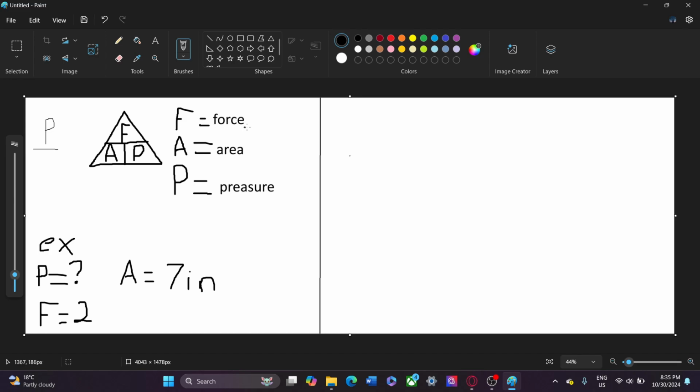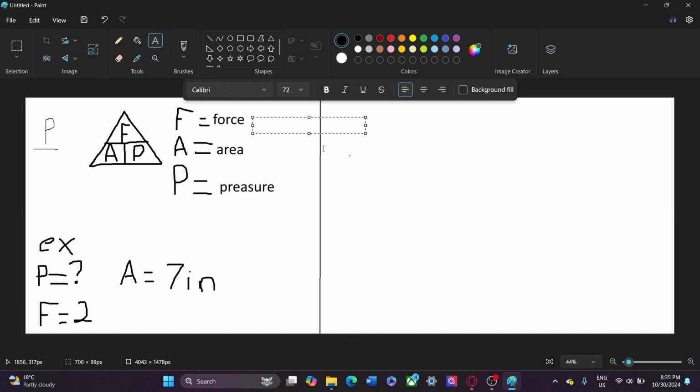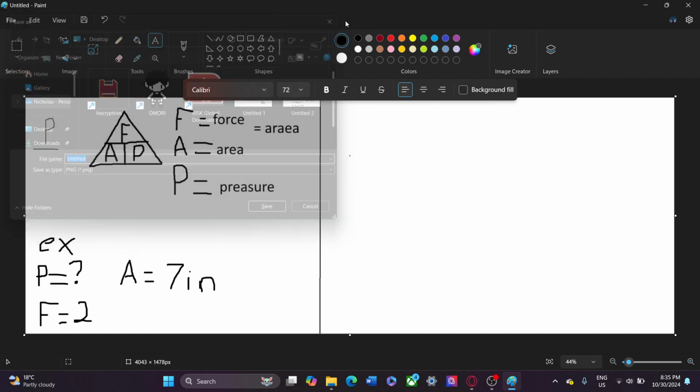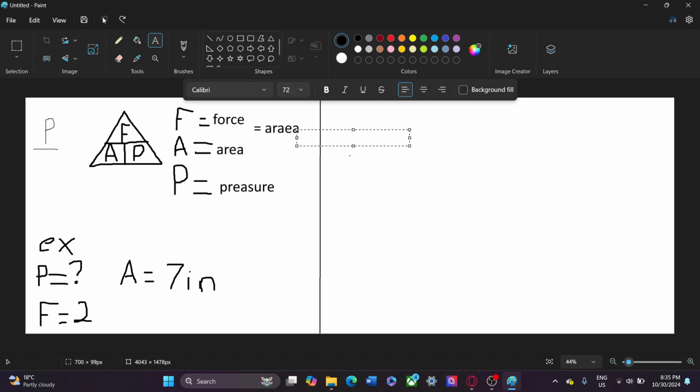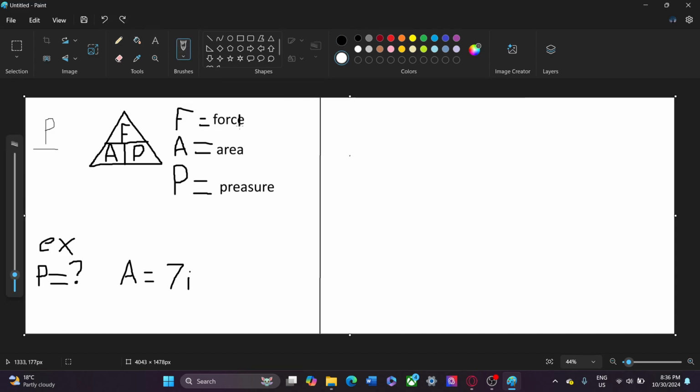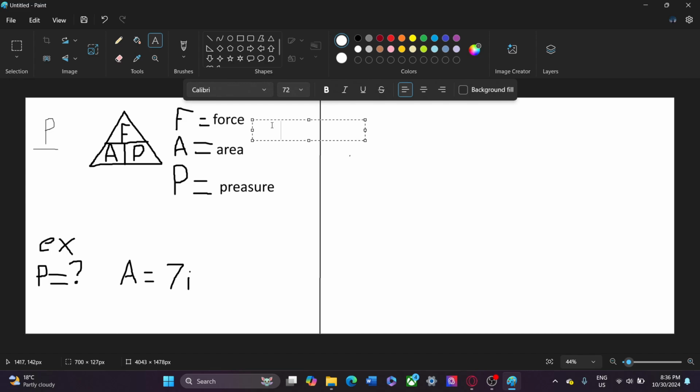To get force, that equals area times pressure.